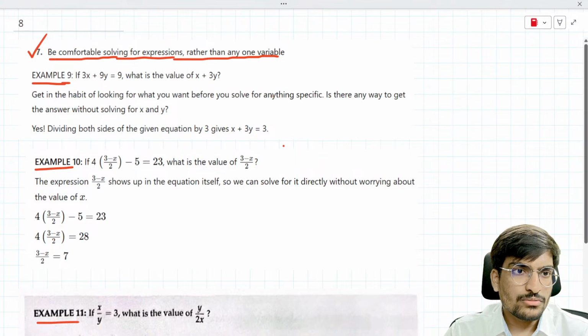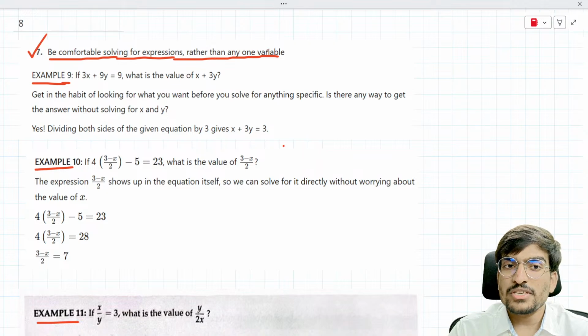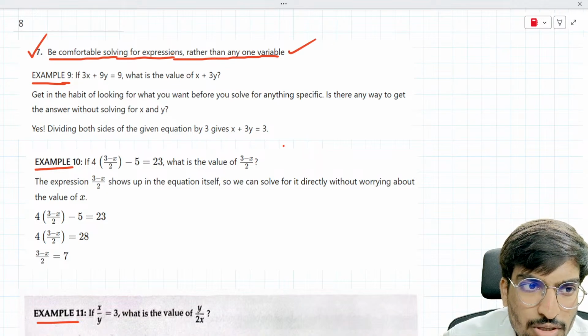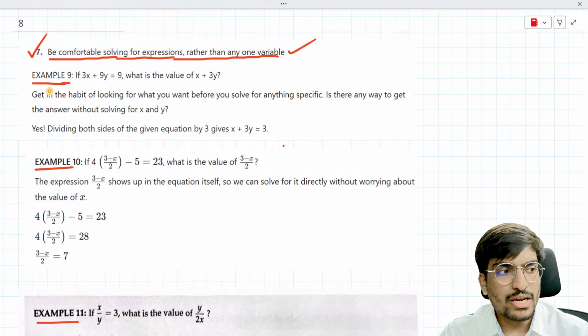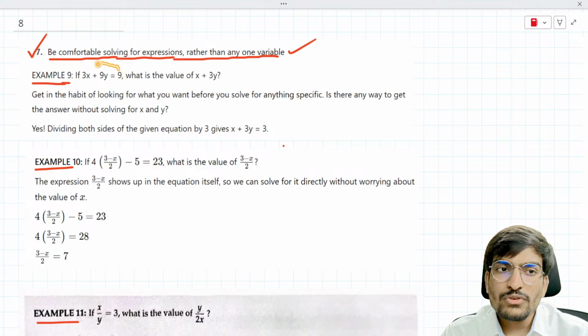So now be comfortable with solving for an expression rather than one variable. In the given question, 3x plus 9y equals 9. What is the value of x plus 3y? If you observe carefully, the LHS of this and the LHS of the given question are almost the same, with a difference of 3.